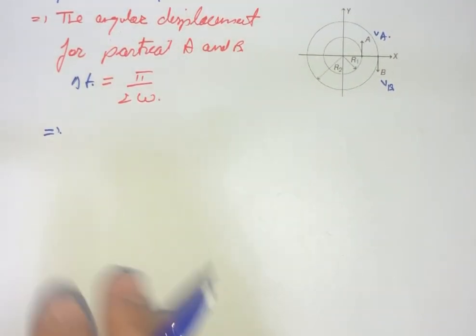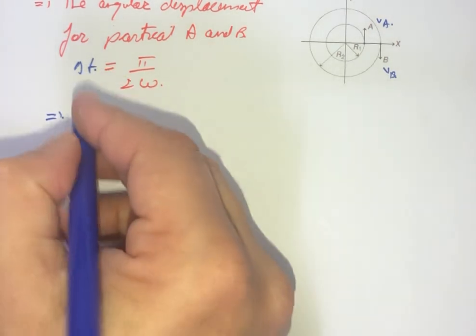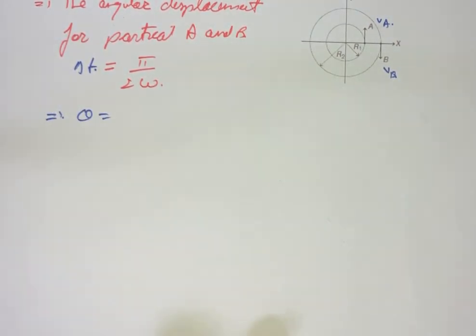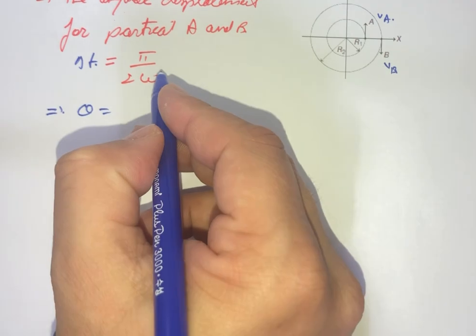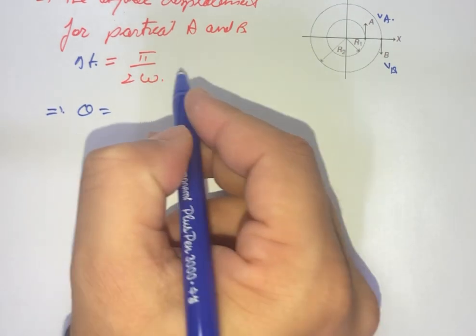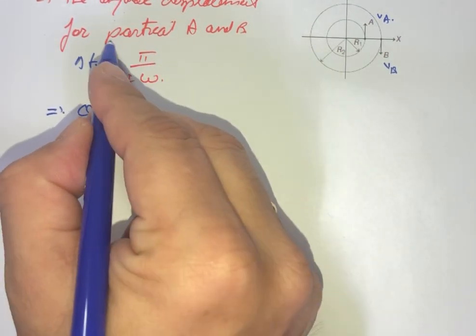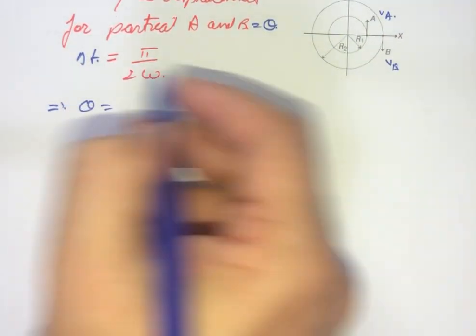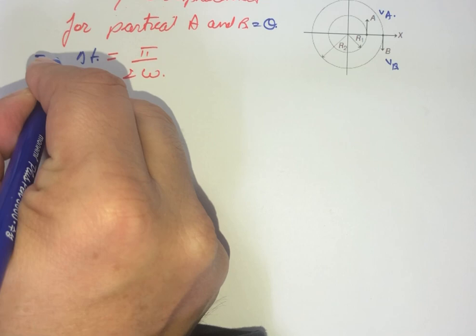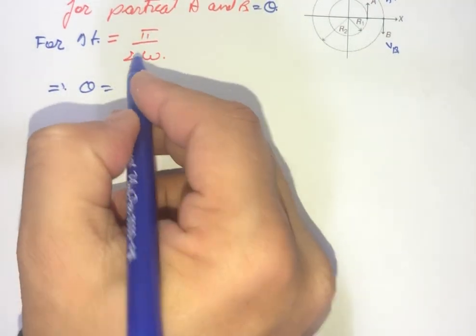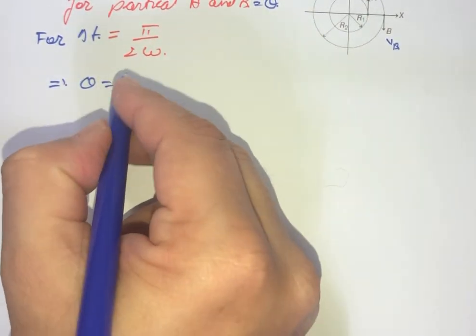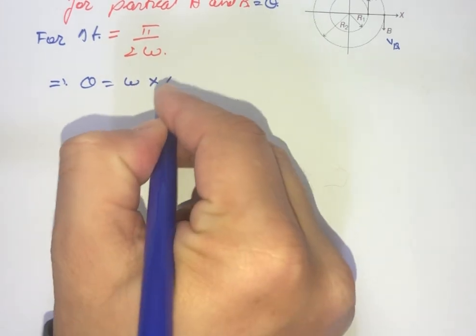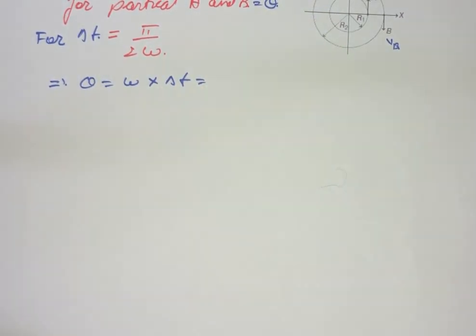Therefore, theta, which is your angular displacement, is equal to theta, and for delta t is equal to pi by 2 omega, theta will be equal to omega into delta t.